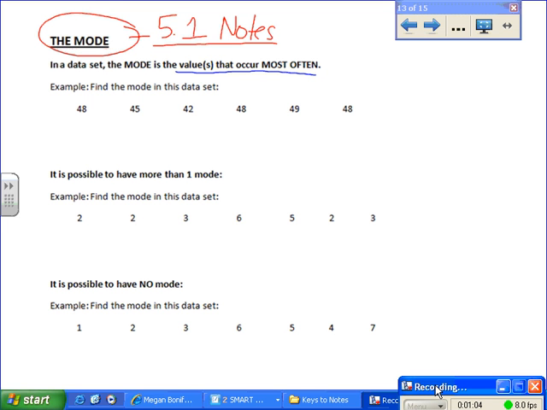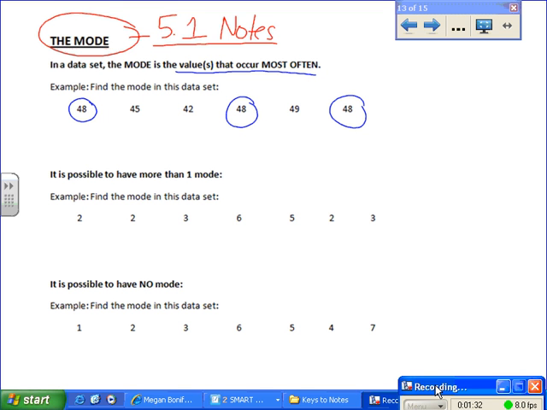Okay, so here's a data set in front of us. The numbers 48, 45, 42, 48, 49, and 48. Each one of these values is an individual value. The mode for this set would be the value that I see occurring most often, and you can eyeball it and recognize that the number 48 is occurring most often.